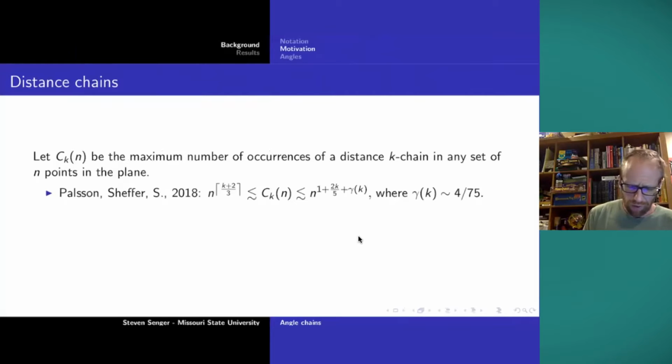With Avi Paulson, who's a co-author on this work, and Adam Scheffer, roughly in 2018 we put this out. We showed the following upper and lower bounds on distance k chains, and this was, I don't know, a year or two of work, and we did the best we could.